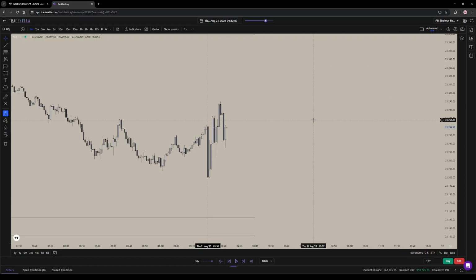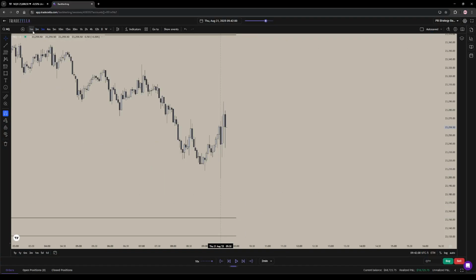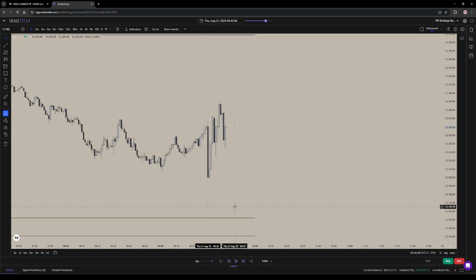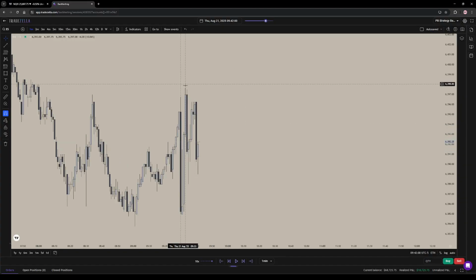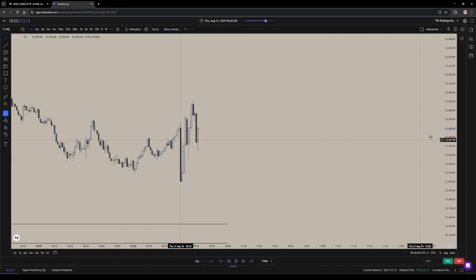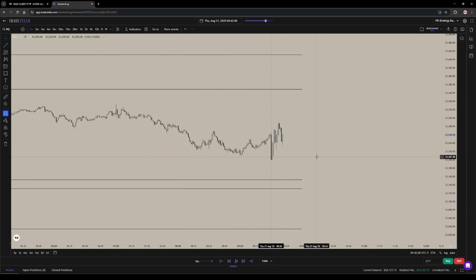Don't get me wrong, great displacement through this gap. This is an interesting one. SMT at the high as well. Oh, this made me saucy, you know, I'm not even lying.